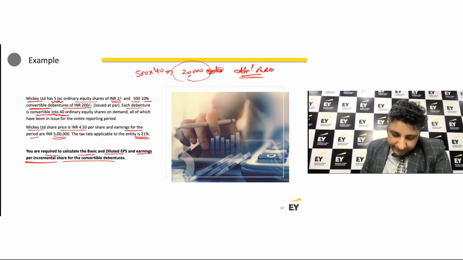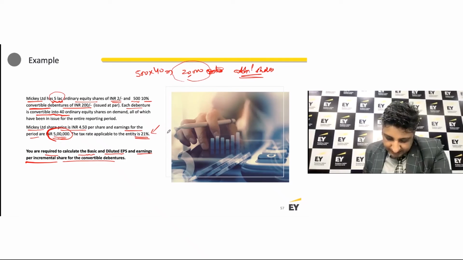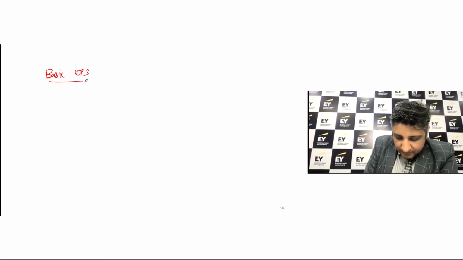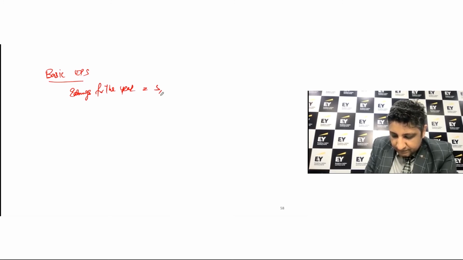Okay. We are given 5 lakh shares. We're also given the profit is 5 lakh. All right. And the tax rate is 21%. So effectively, if I were to calculate my basic EPS, I'm referring to the earnings for the year, which is 5 lakh.